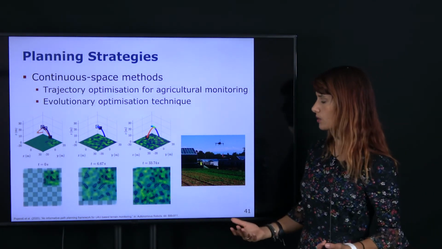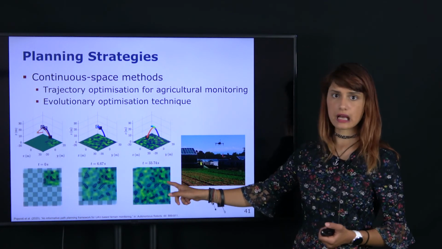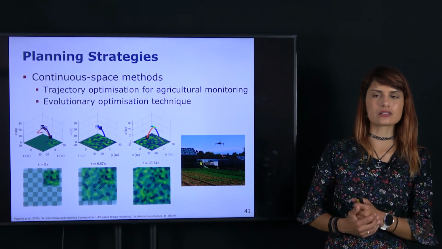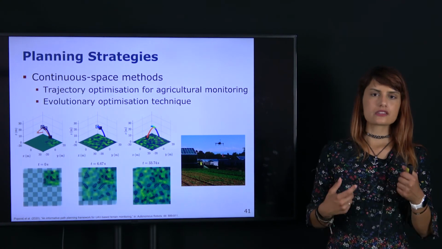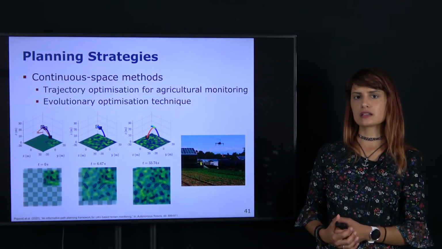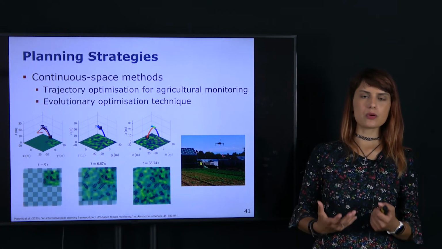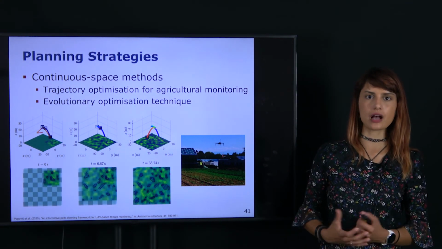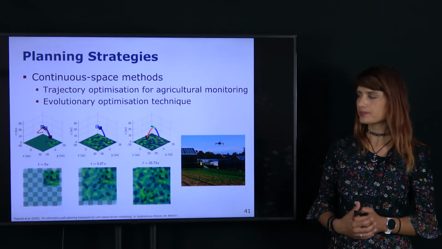Whereas for some lower valued regions, such as the hatched regions, we might want to eliminate them from our information objective. This is just some insight as to how we can exploit the full possibility of using online adaptive planning in environmental monitoring applications such as this one.